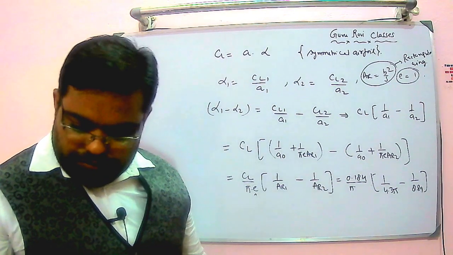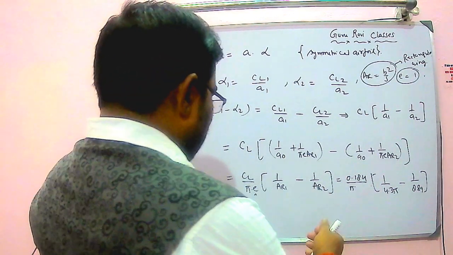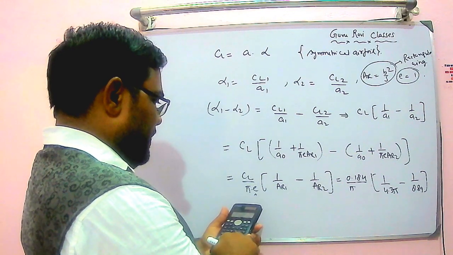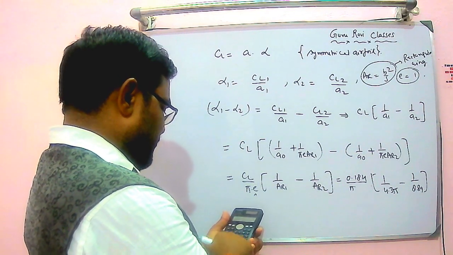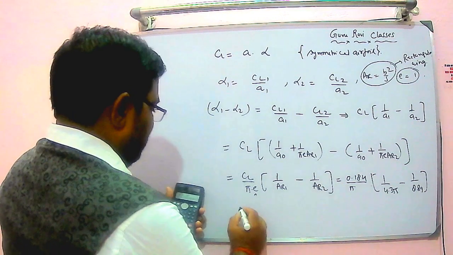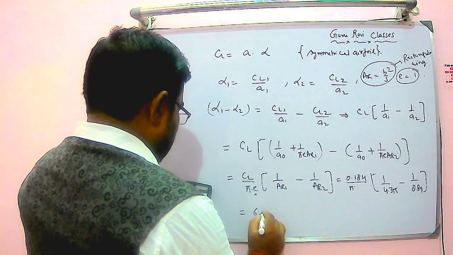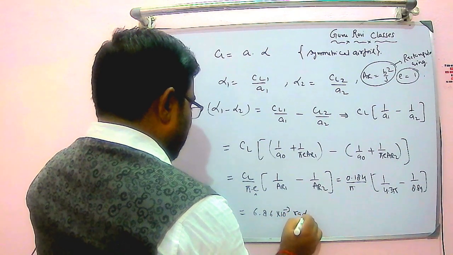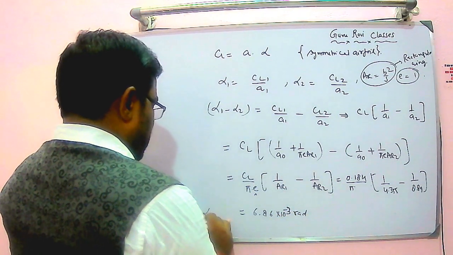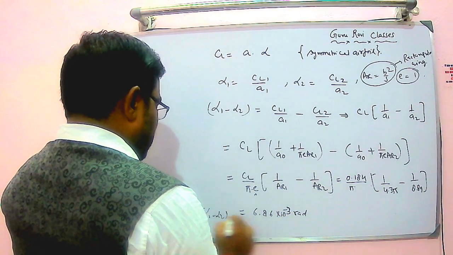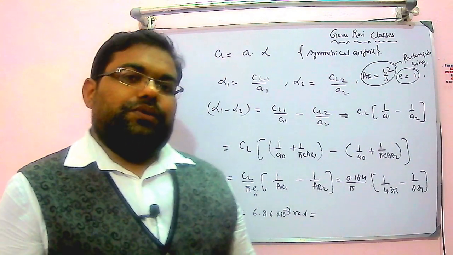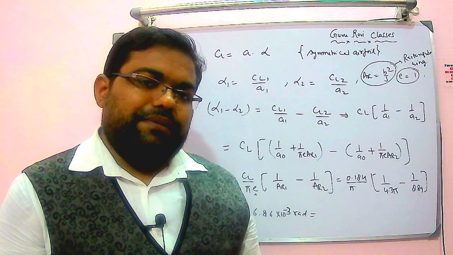So if you remove this, whatever value you were getting, if I multiply that with 0.85, I am getting this value around 6.86 into 10 to the power minus 3 radian. This is alpha 1 minus alpha 2. If you convert that into degrees, you need to multiply by 180 divided by pi.